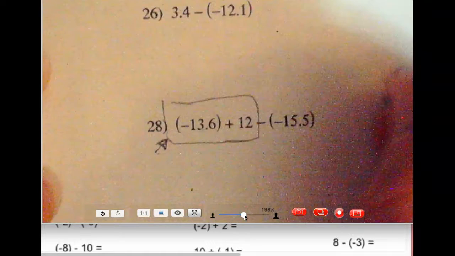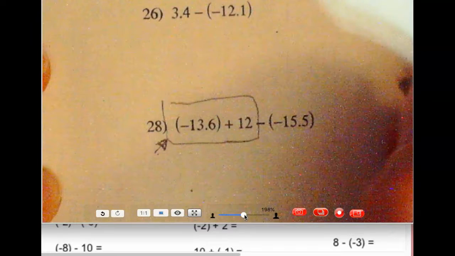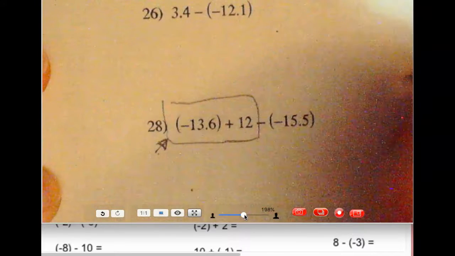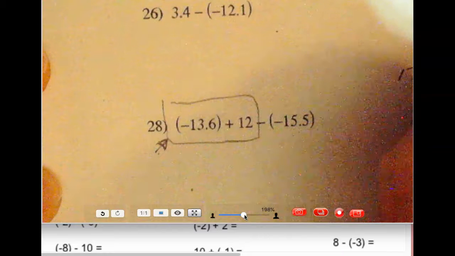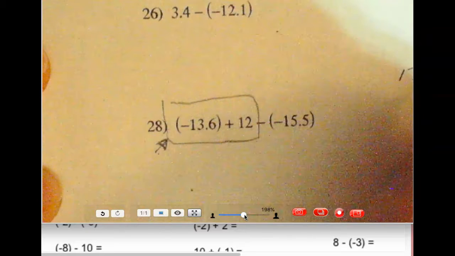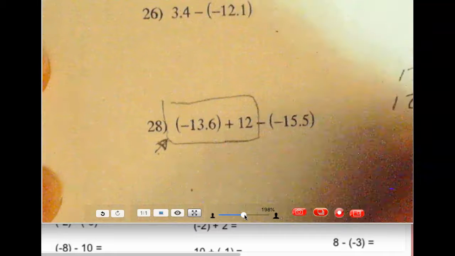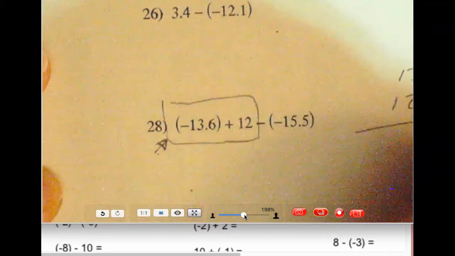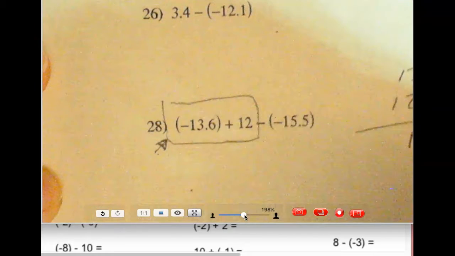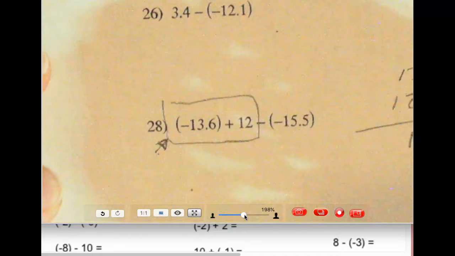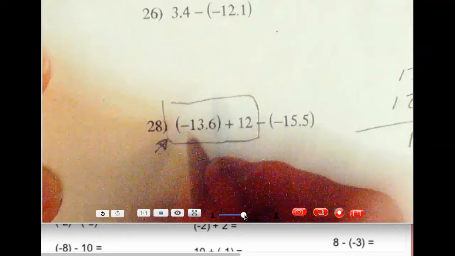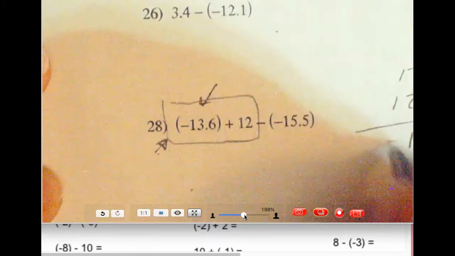Well, I can almost do that one in my head, but those are different signs, a negative and a positive, so I have to find the difference. So I'll put the bigger number on top, 13.6, and I'm going to subtract 12, and just to make it easy, I'm going to make it 12.0. So when I do that, I have 1.6 left. Now, is it positive or negative? Well, this one has the greater absolute value, so this is a negative 1.6.